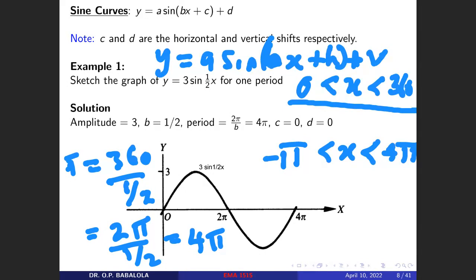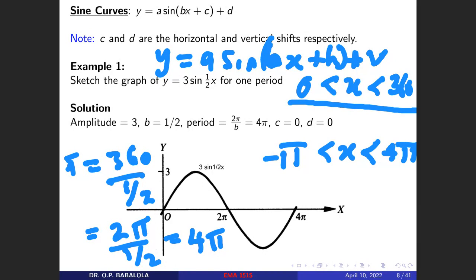And this is a sine graph. It starts from 0, from the origin, and keeps going. Remember, we want the complete period, in this case 4 pi from our computation. So our graph must go in a cycle up to 4 pi.